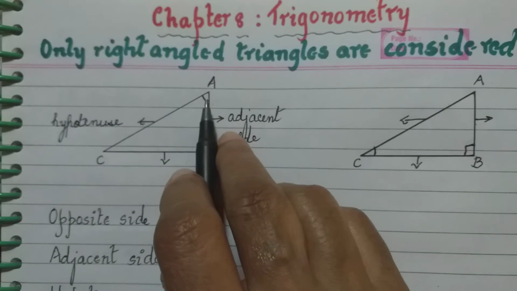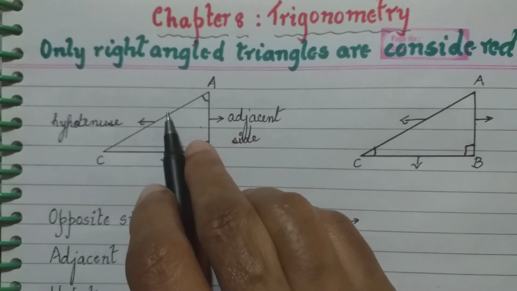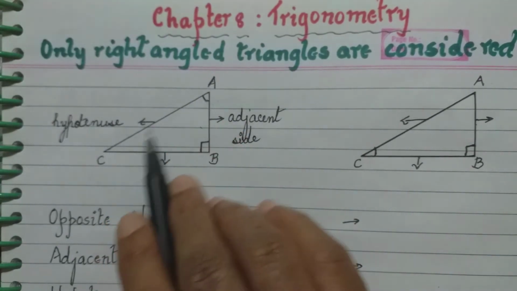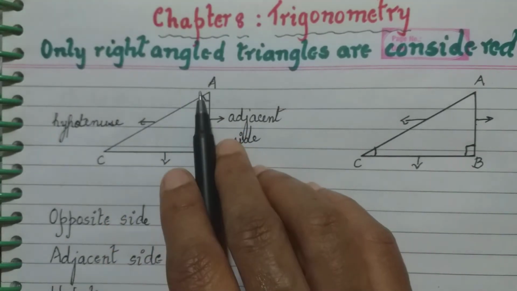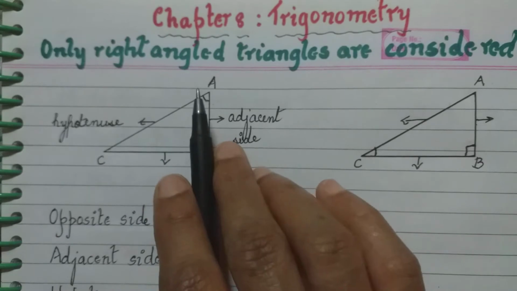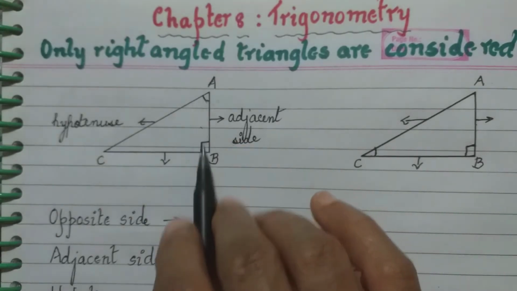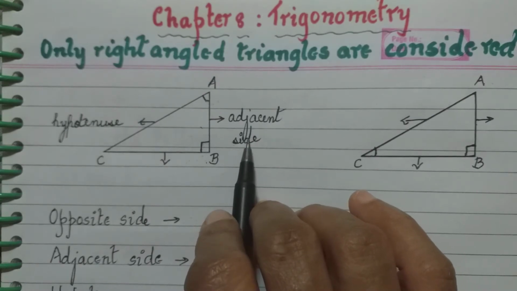Now, next to this angle A, we have two sides, this side and this side. But AC is already the hypotenuse. So what is left is the other side, side AB. So side AB becomes the adjacent side.